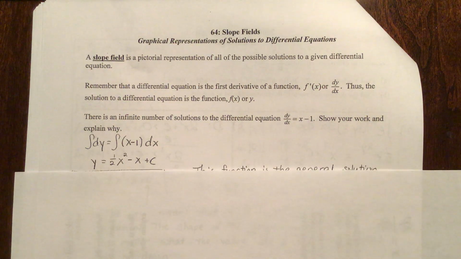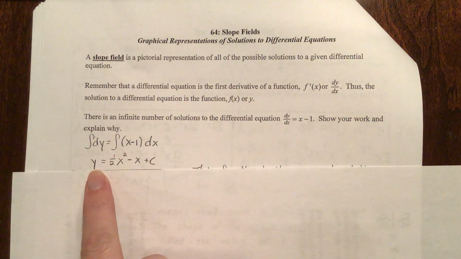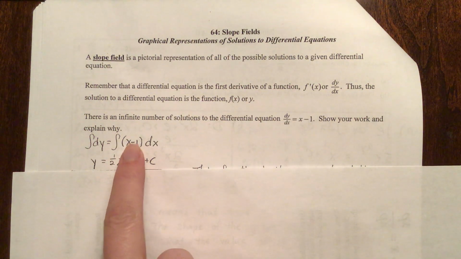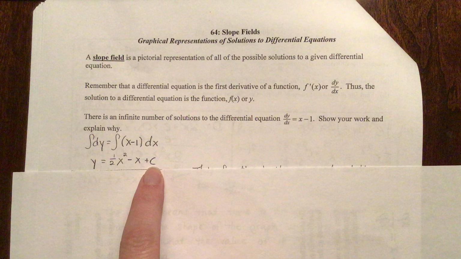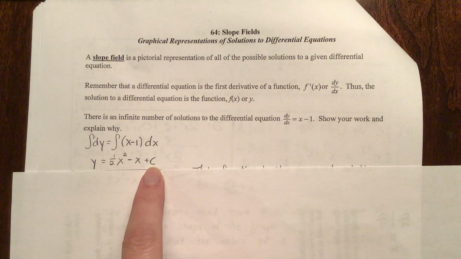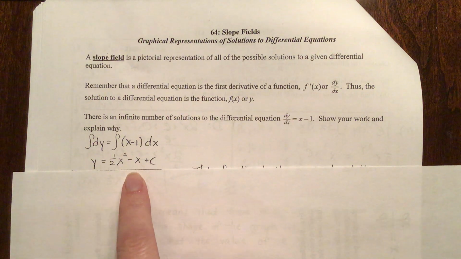When we actually do the integral, the integral of 1 dy is just y. And on this side, increase your exponent, divide by 2, make that one an x, and then we normally put plus c at the end. Now, if we are not told one point that is on that line, or in this case, parabola, we can't actually figure out the particular solution that the problem wants us to find.